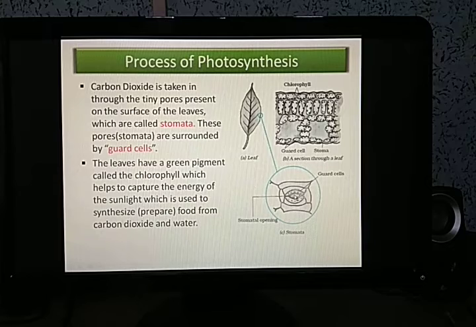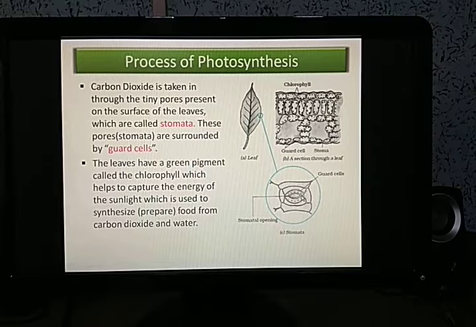This is the pore through which the carbon dioxide passes or is taken in by the leaf, because carbon dioxide is also one of the important ingredients. And these cells, you can see on the boundary of the pores. They act like guards. Why are they called guards?